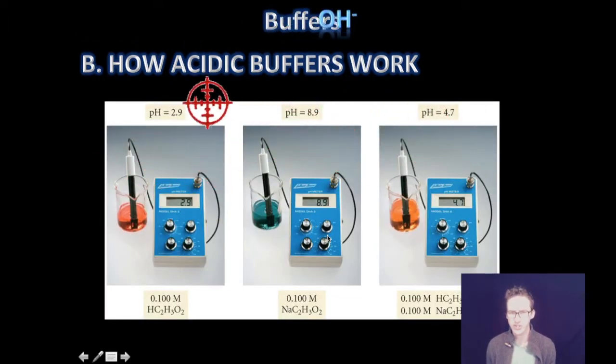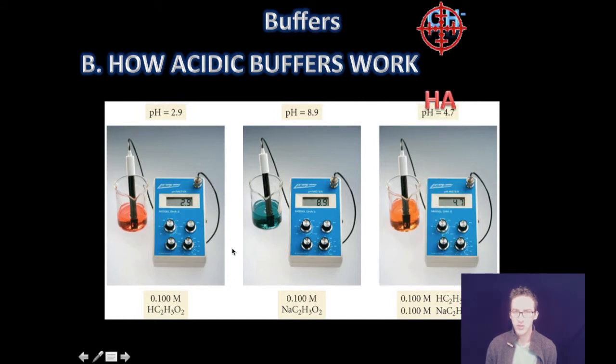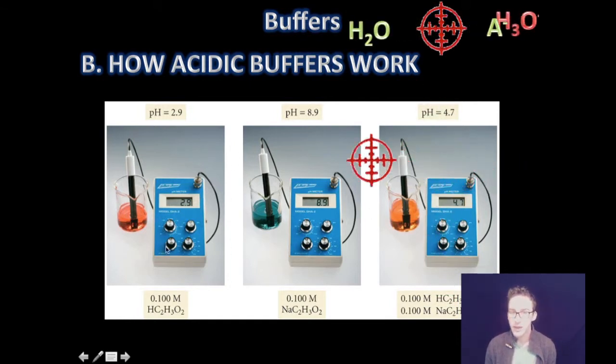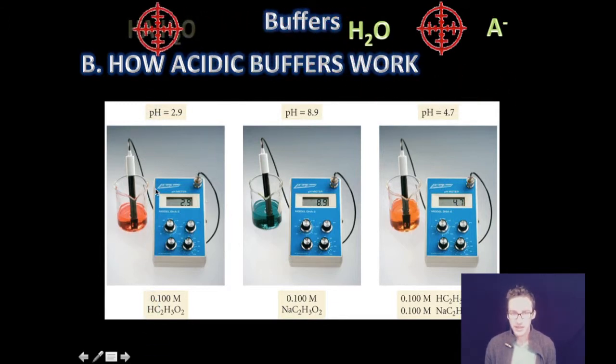And so as you look at your notes, you're provided with a little picture to help you visualize what's going on here. If you had just the weak acid in solution, its pH, in this case acetic acid of a 0.1 molar acetic acid solution, would be a pH of 2.9.